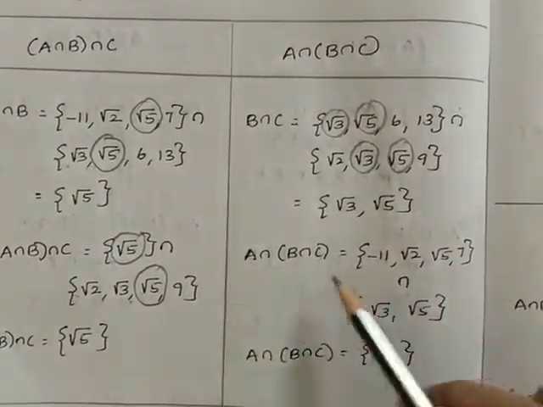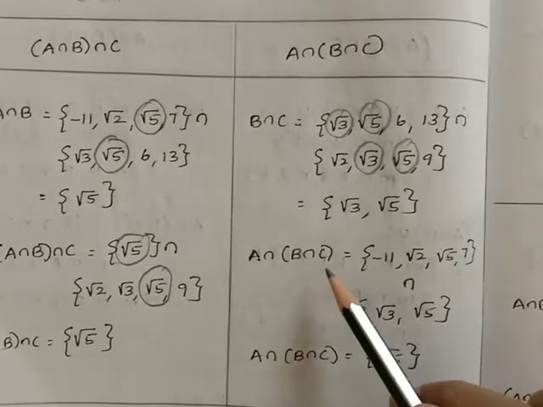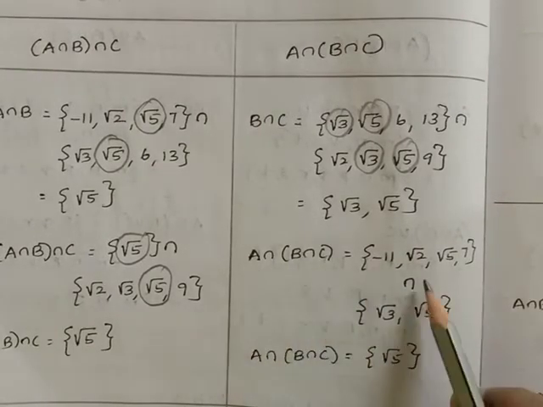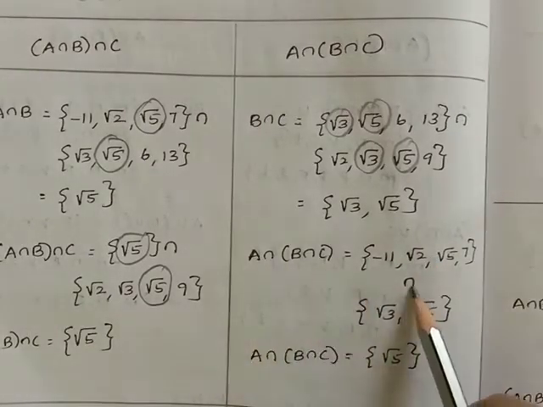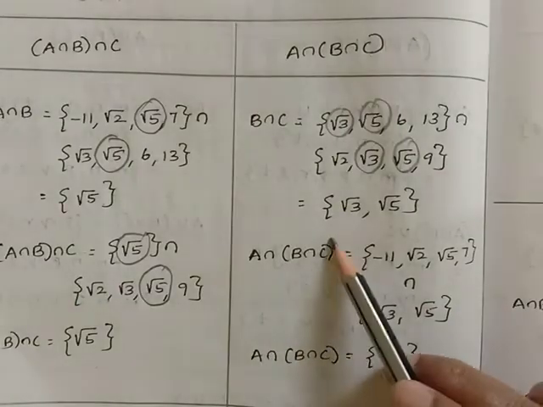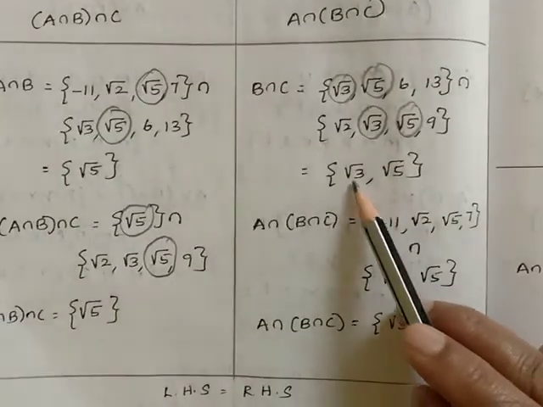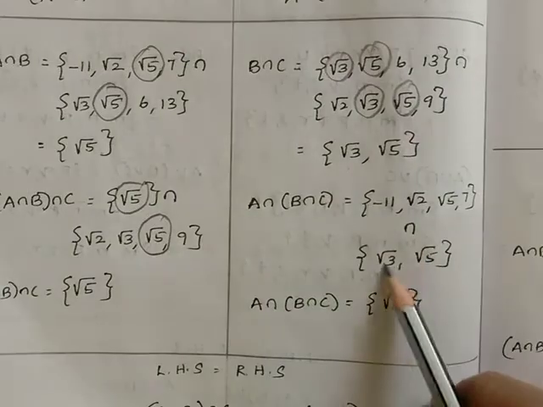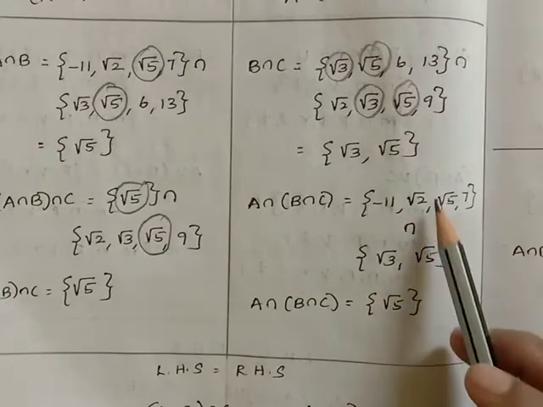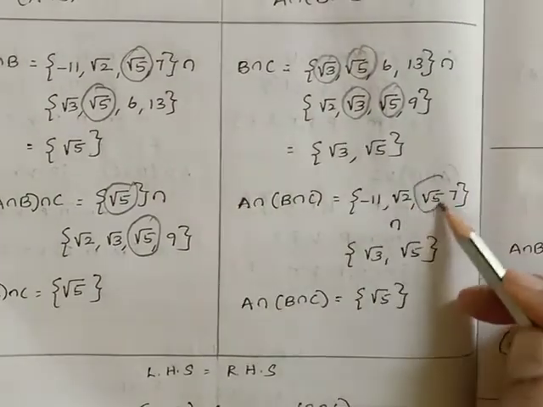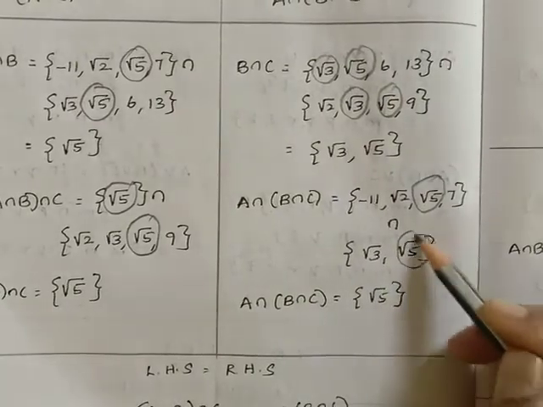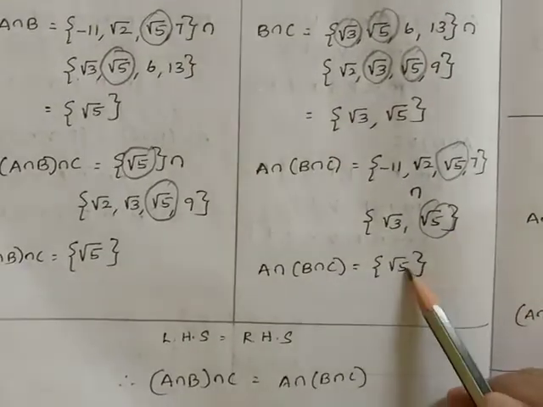Next we'll find the whole term, A intersection (B intersection C). Since A is first, we'll write the value of A, intersection, the value of B intersection C that we just found above, that is root 3, root 5. So we'll find what is common here: root 5. So we'll write that as the answer.